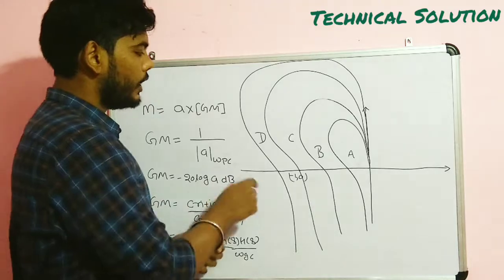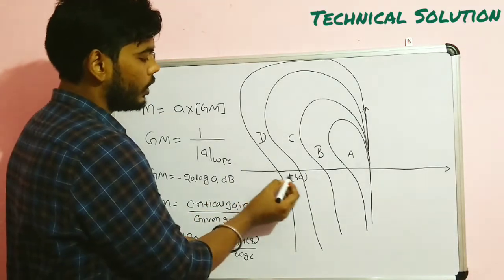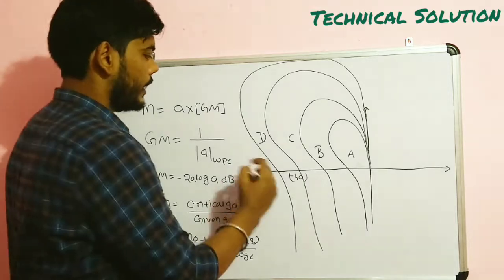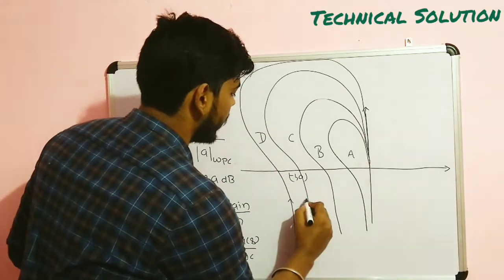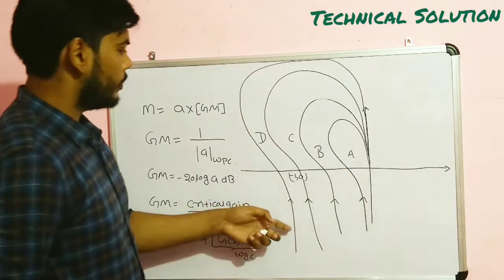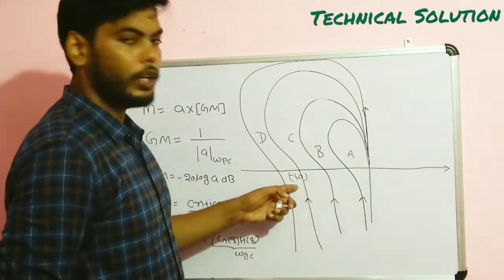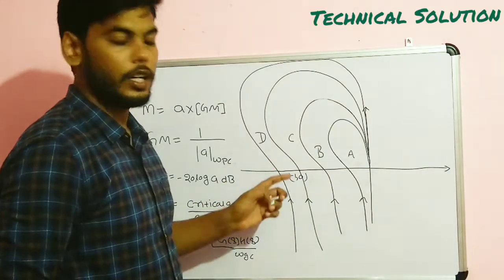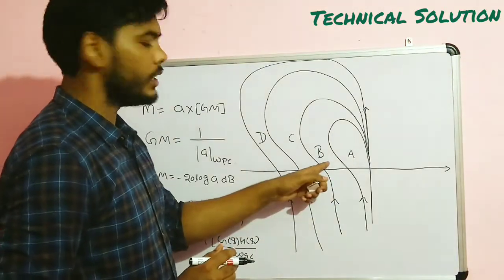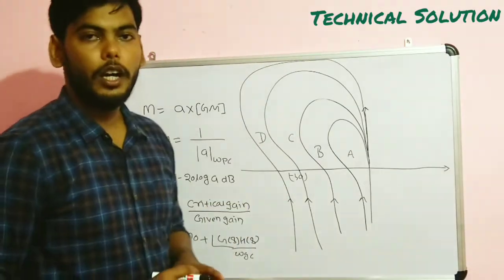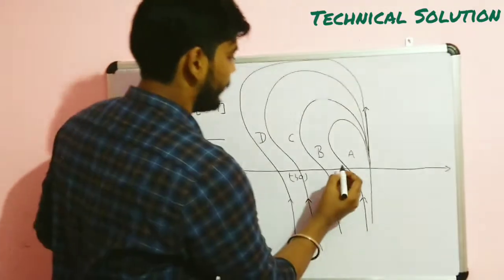For system D, the -1+j0 point lies to the right side, in the direction of the polar plot like this. So for system D the system is unstable. So A and B are stable systems, C is a marginally stable system, and D is an unstable system.